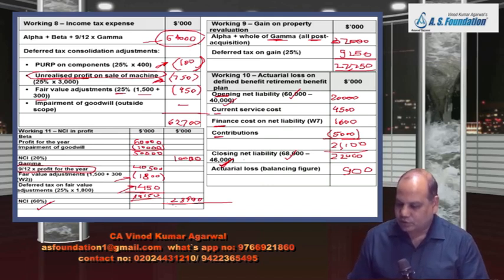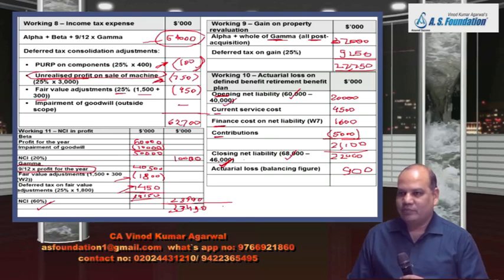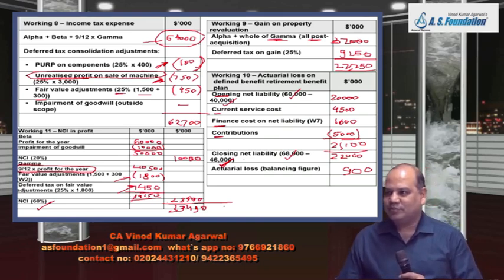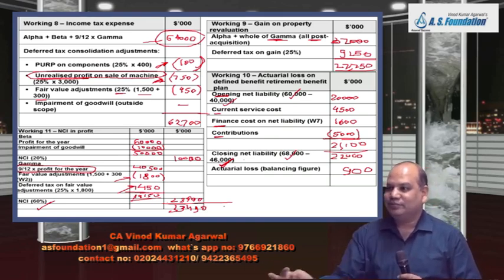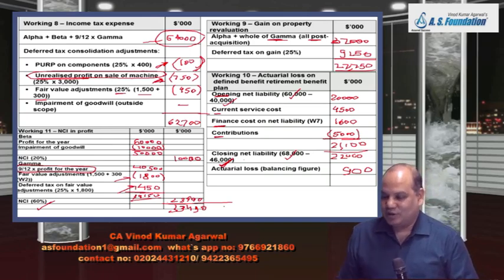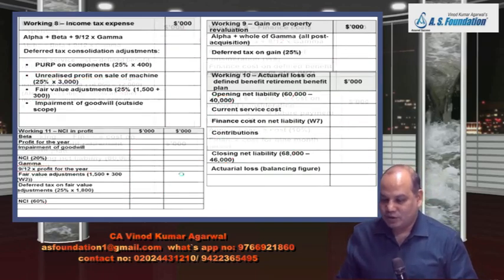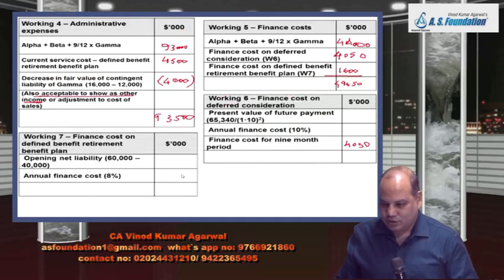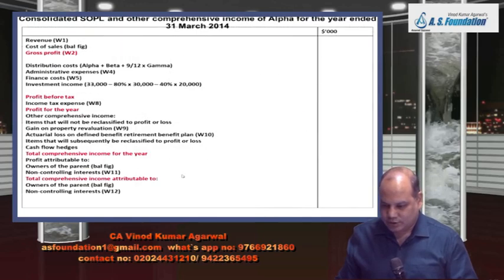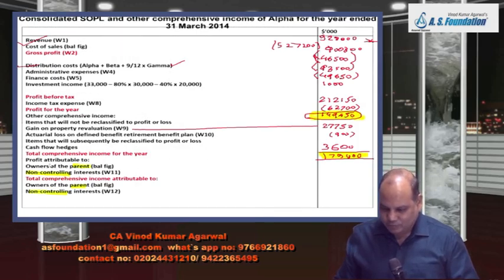So 33,490 write down. My handwriting is not that bad, but this computer has a small problem. So 33,490 on the screen. So profit attributable to NCI 33,490.